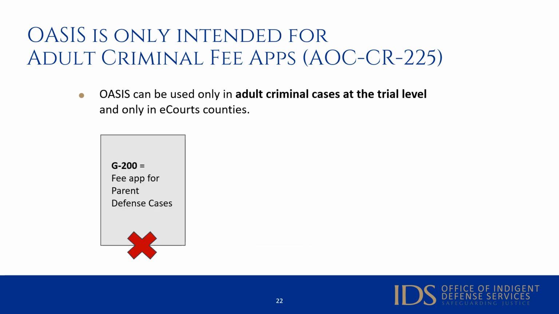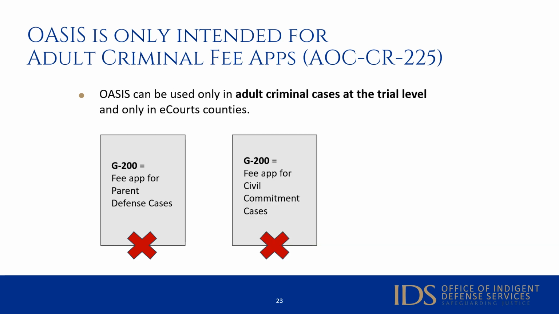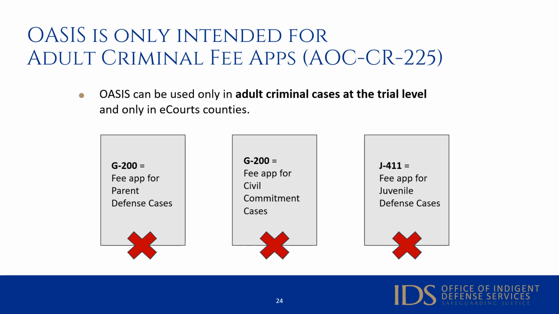Not the G200 for parent defense cases, not the G200 for civil commitment cases, and not the J411 for juvenile cases. These confidential cases, parent defense, civil commitment, and juvenile defense, are not conducive to Oasis at this time. As previously stated, IDS will continue to pay these cases via paper FIAPs filed with the clerk.